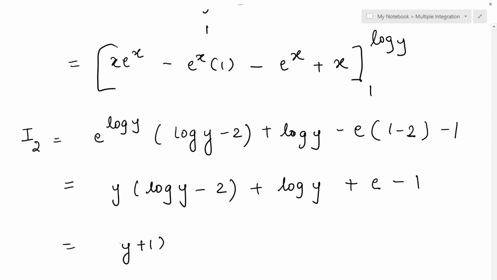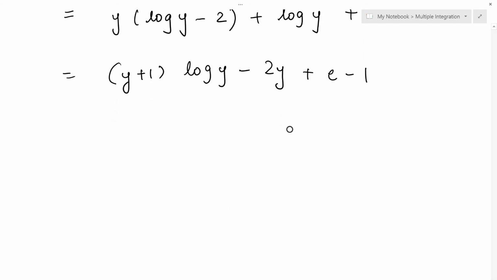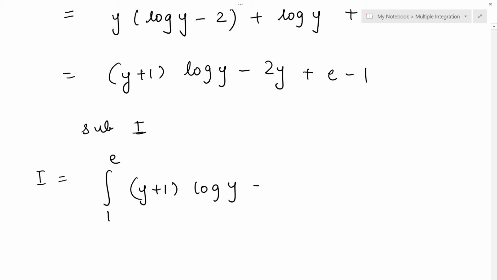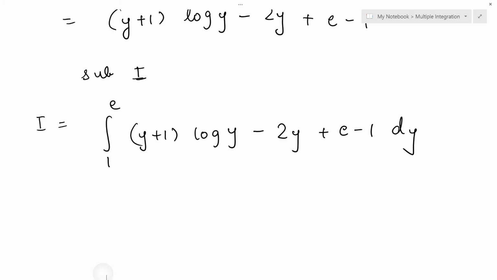This will be y plus 1 log y minus 2y plus e minus 1. So this I2 answer now, I will substitute in 1 and get the answer for integration. So this will be the last integration, 1 to e, y plus 1 log y minus 2y plus e minus 1 dy. So this is my integration with respect to y.